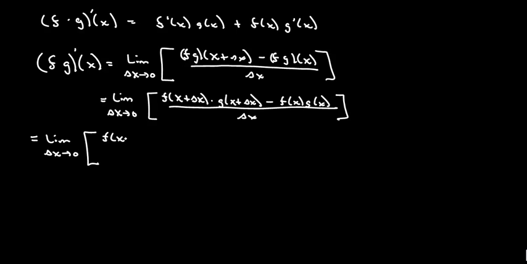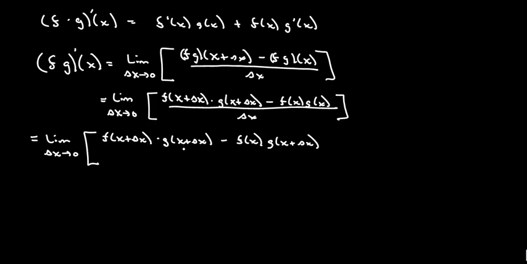I'm going to write this as f of x plus delta x times g of x plus delta x. And now I'm going to subtract the same thing, and then add it as well. So let's say I subtract f of x times g of x plus delta x.